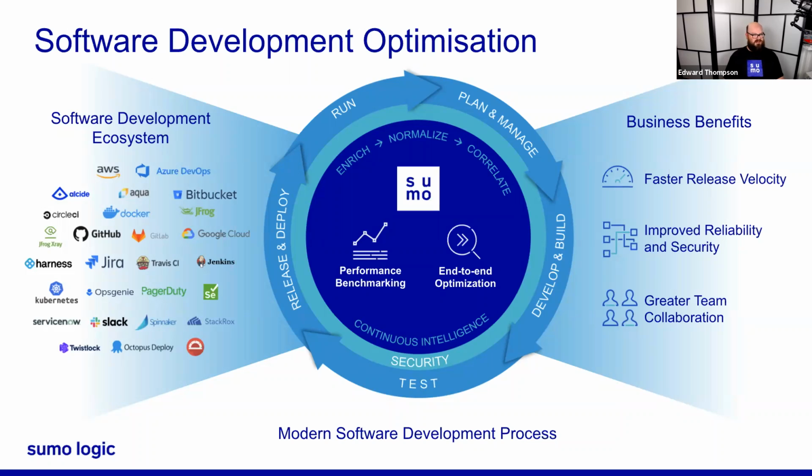You've got CI/CD tools, development tools, containerization, a bunch of cloud tools that go along with it, vulnerability management tools, and performance management tools. There are so many different things, and these are all producing loads of data.